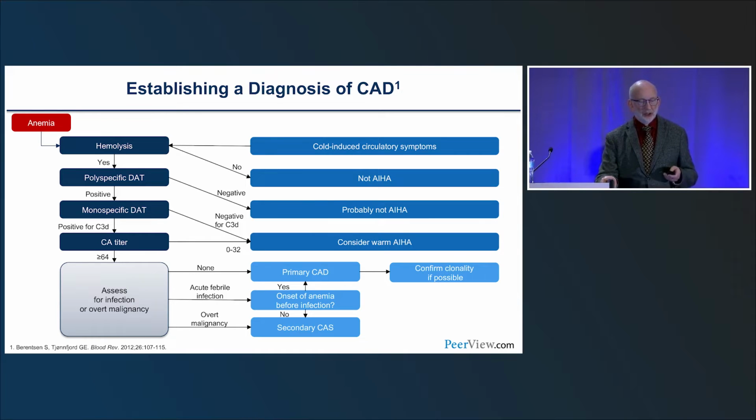So to establish the diagnosis of cold agglutinin disease, the next step must be a cold agglutinin titer. And the cutoff for the cold agglutinin titer may be somewhat arbitrary. Most papers say greater than or equal to 64.